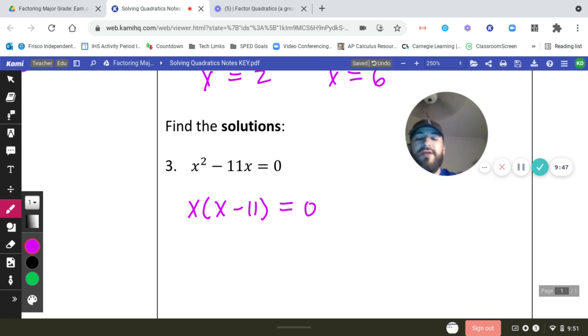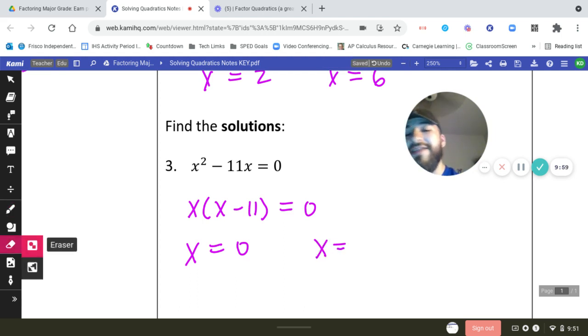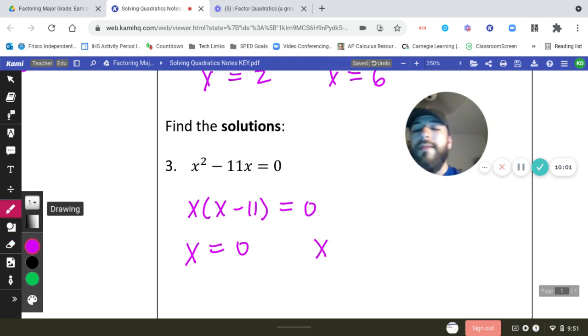Here it's already set to 0, so that's easy. Now I'm just solving for those x values. So x is equal to 0, and x minus 11 is equal to 0. Now the good news, x is equal to 0, that one's already done.